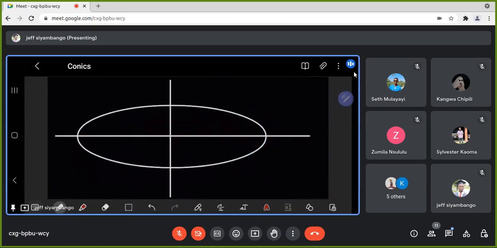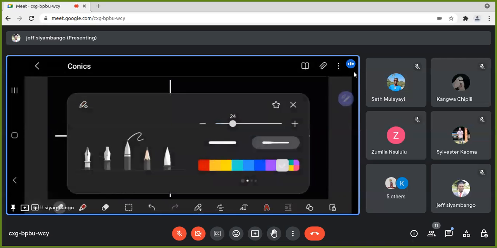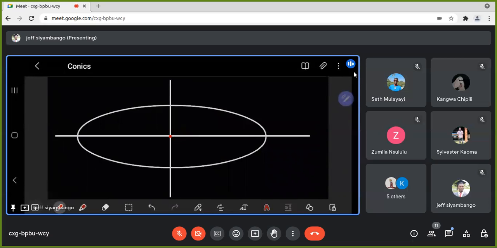The idea here is that you have three letters. The first one is A. A is the distance from the center of your ellipse to where the vertex is. So we can say this is at minus A and this is at positive A.